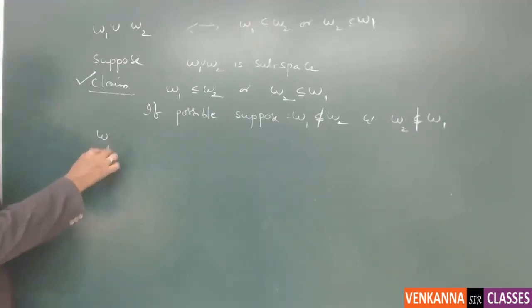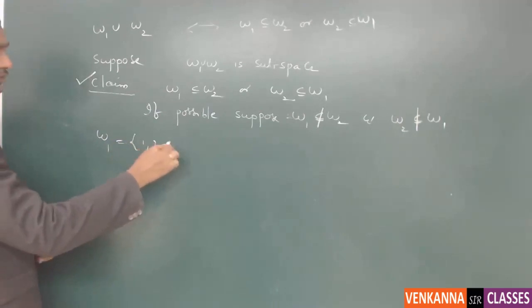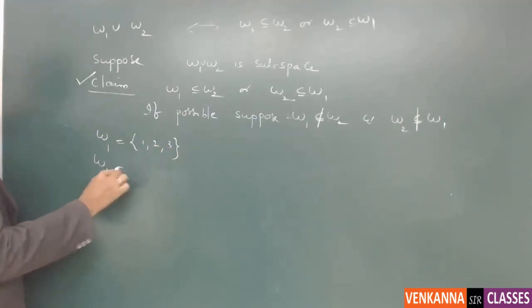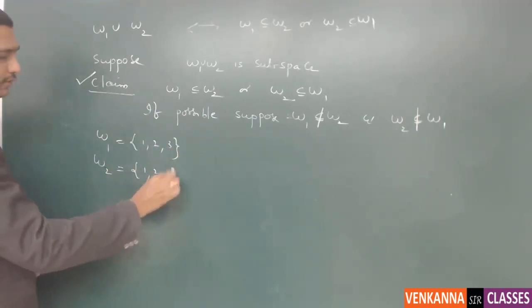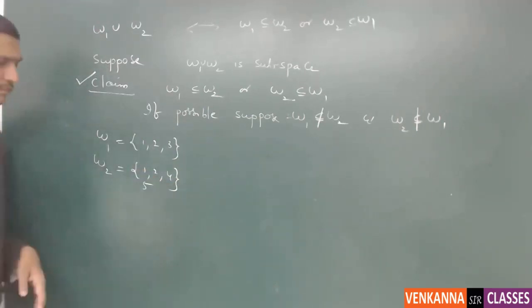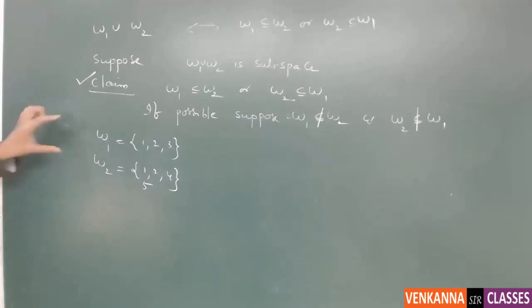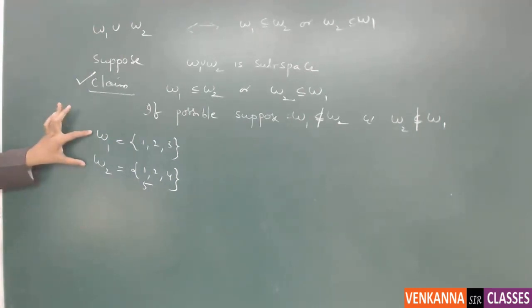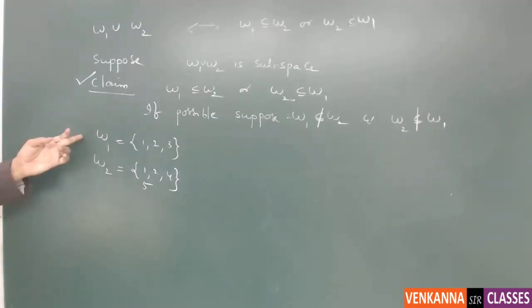Say, W1 is equal to {1, 2, 3}. W2 is equal to {1, 2, 4}. Or you can take 5 also. Now see, from this, can you say that W1 is a subset of W2? Yes or no? Is W2 a subset of W1?